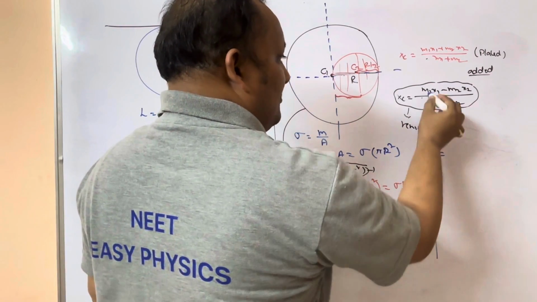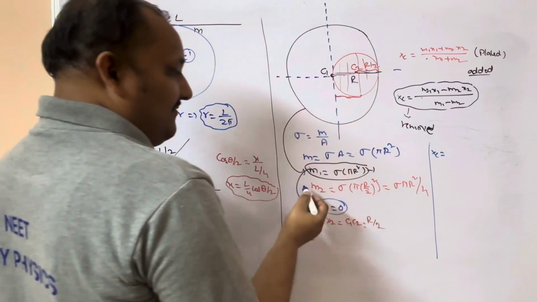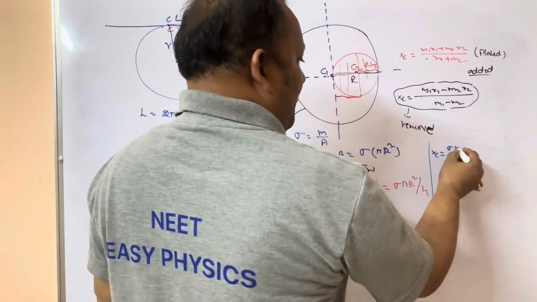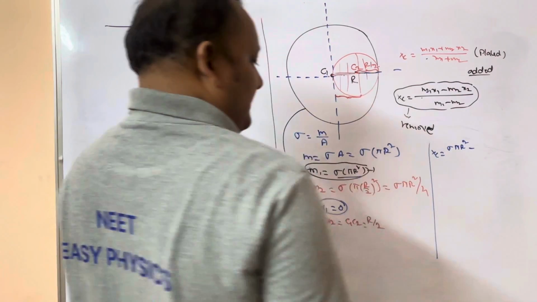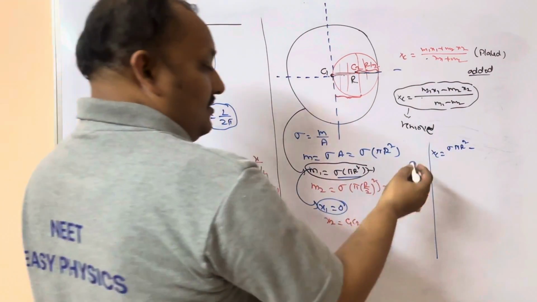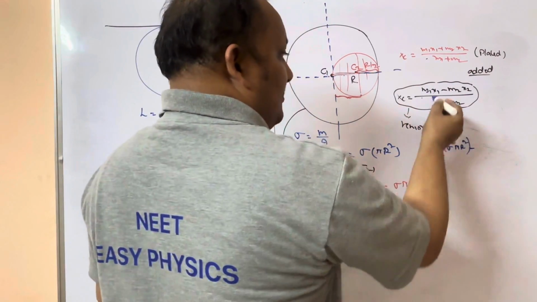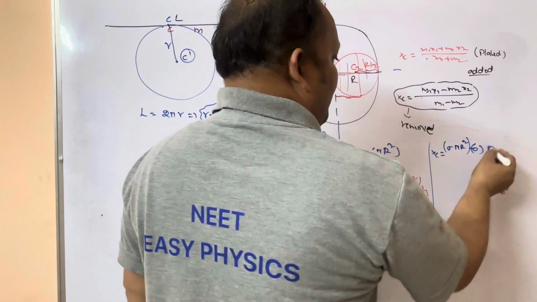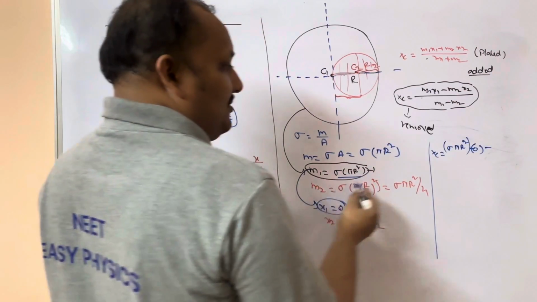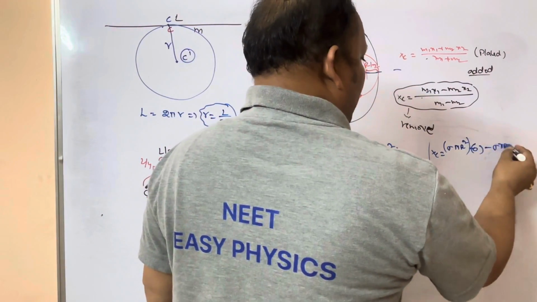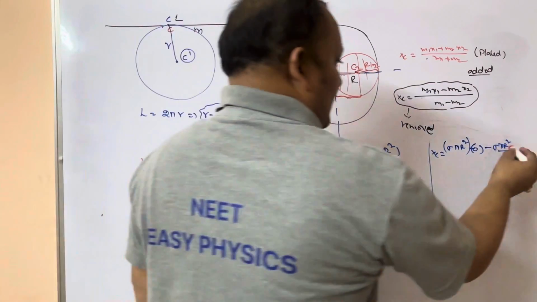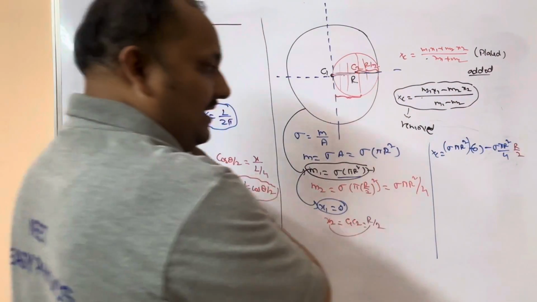So x is equal to, we have to use this formula. m1 is sigma pi r square. Now what is x1? x1 is going to be 0, minus m2, sigma pi r square by 4, times x2, which is r by 2.